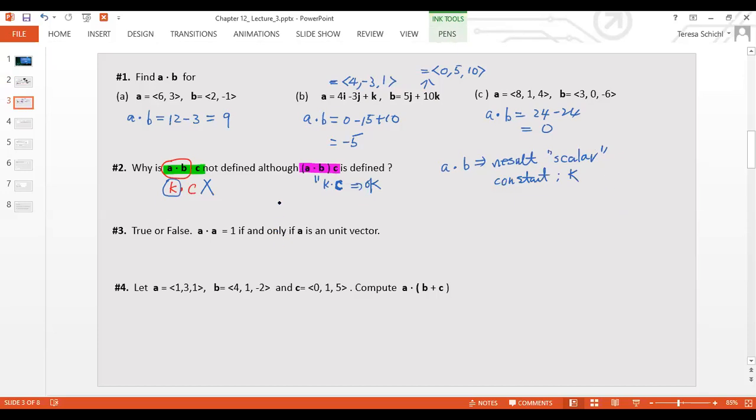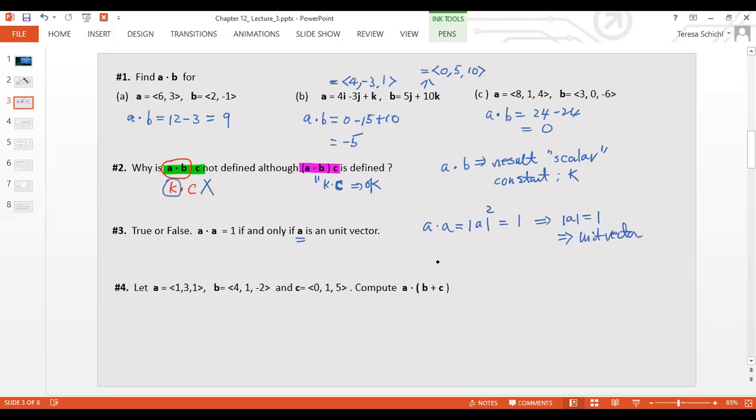Okay, number 3 is here. They say if A dot A is 1, yes, then A is a unit vector. So this is true. Why? Because we know that A dot A, as we just did, is the length of A squared, which is 1. So the length of A is 1. So we say this is a unit vector, right?